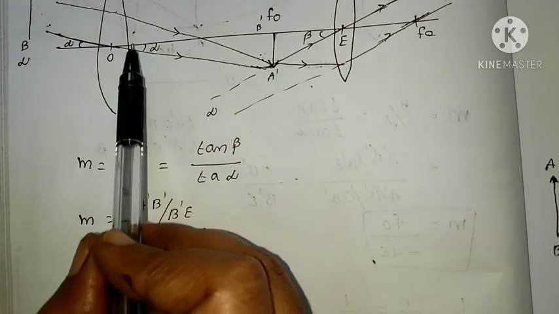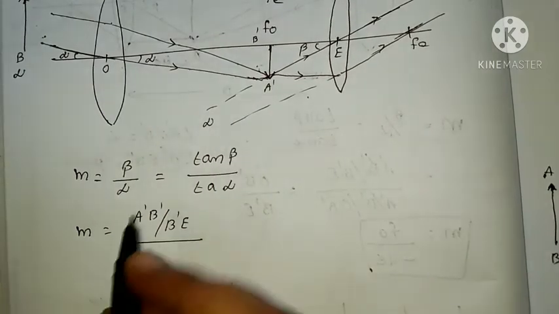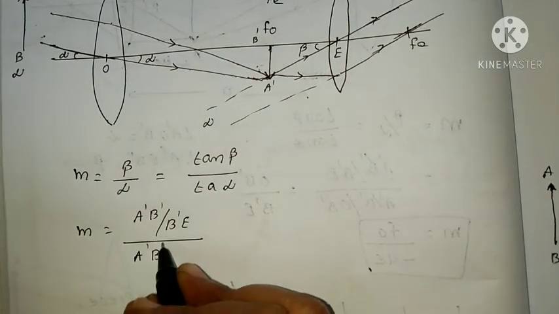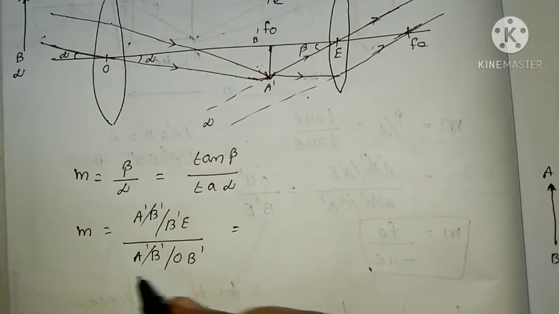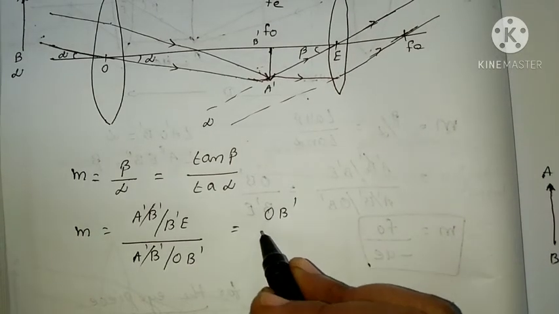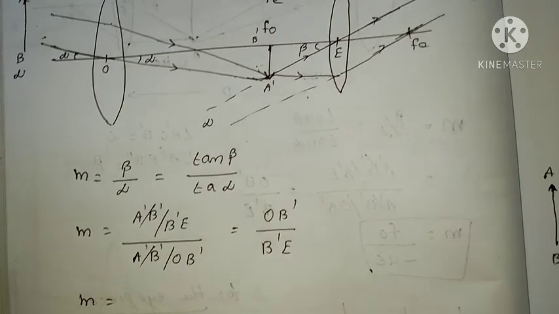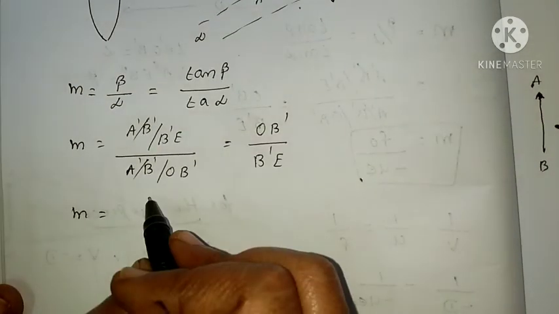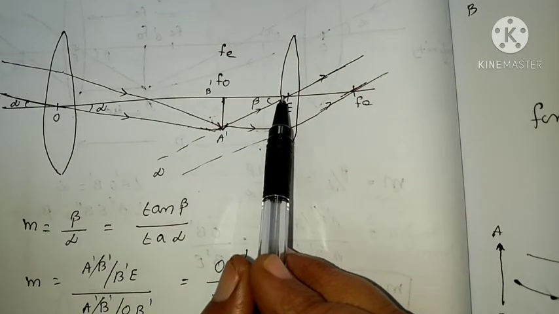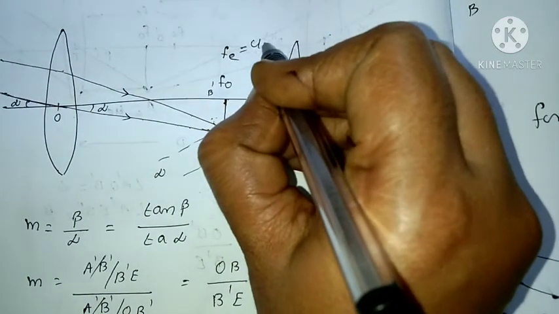What is OB' from the figure? OB' is the focal length of the objective, which we note as f0. Then what is B'E? B'E is the focal length of the eyepiece, fe, that is equal to the object distance for the eyepiece.